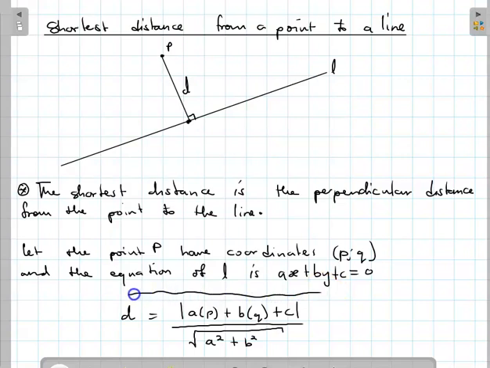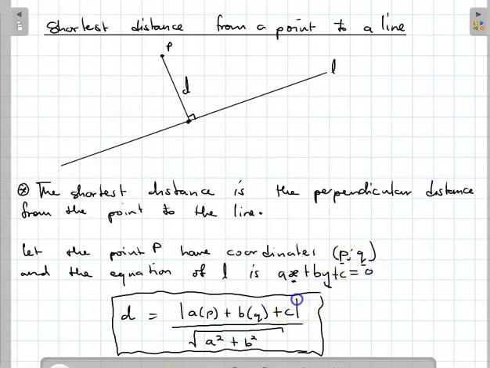Alright, it might look scary here, but this is a very simple formula. What has happened here is I've taken p, which is the x coordinate of our point, and substituted it in place of x, and taken q, which is the y coordinate, and substituted it in place of y.